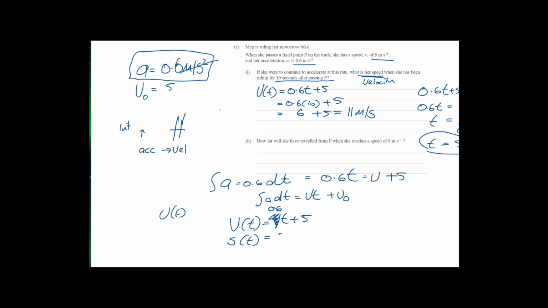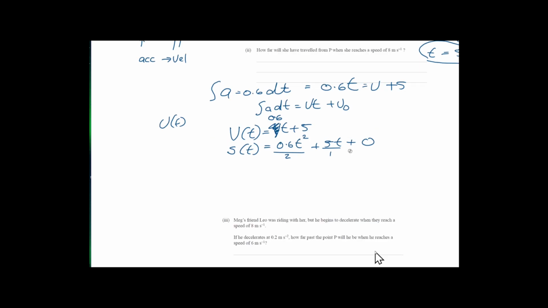When we do that, the 0.6 is going to stay there, the t is going to gain 1 in its power, and we divide by 2, plus 5 times t. If you really want, we can divide that by 1. And now the c is 0 because she hasn't covered any distance at time equals 0. So I'm happy with that. Let's rewrite that just so it's a bit clearer.